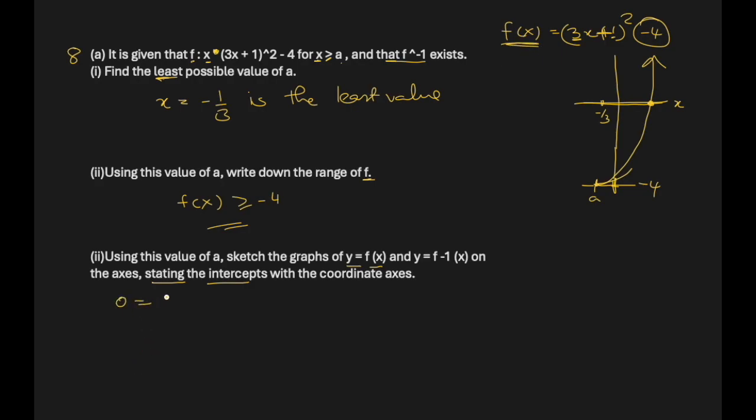So 0 equal to (3x plus 1) square minus 4. 4 goes to the other side, becomes positive, equal to (3x plus 1) square. I'll square root both sides. So it comes plus minus 2 equal to 3x plus 1. I'll be interested in that number which will give me a positive number, because the negative number I have already erased.